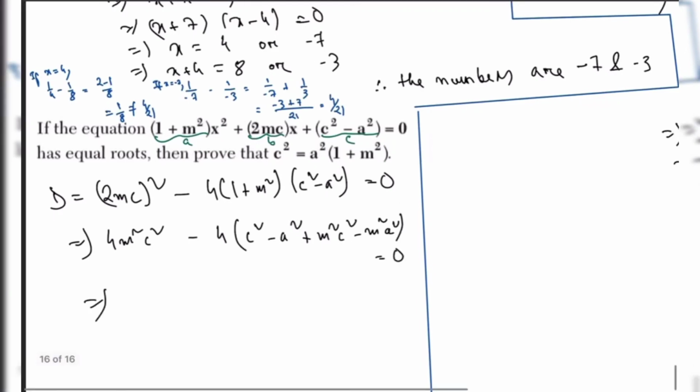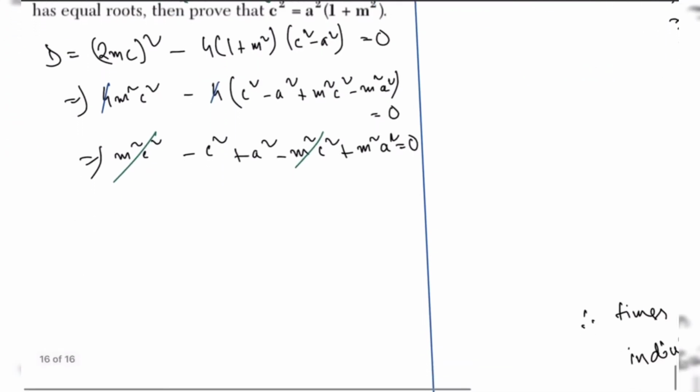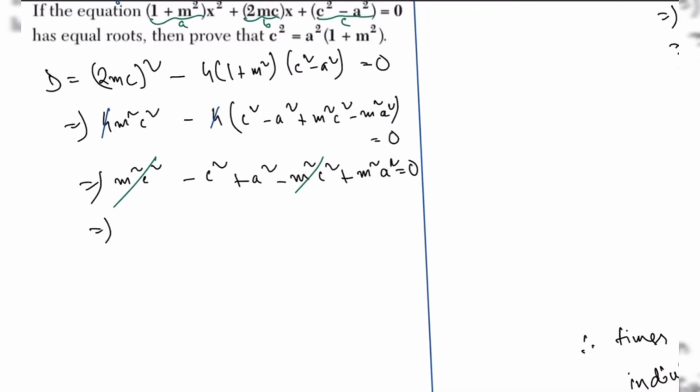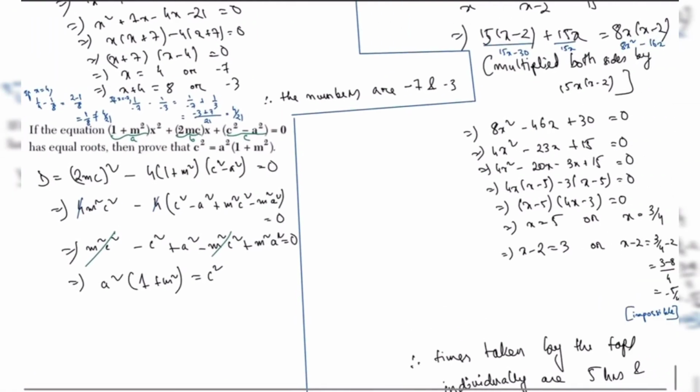Let's cancel out 4, so we have m square c square minus c square plus a square minus m square c square plus m square a square equals 0. Now m square c square gets cancelled, and we have a square common, 1 plus m square equal to c square. Take c square to the right, and that's exactly what we're supposed to prove.